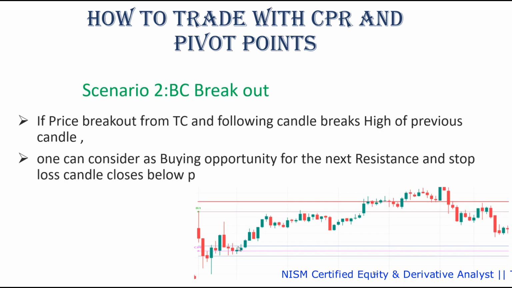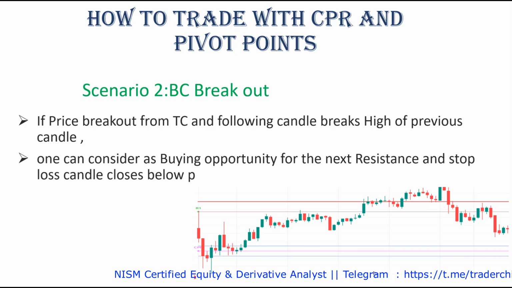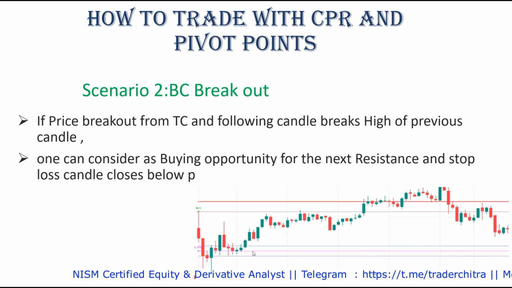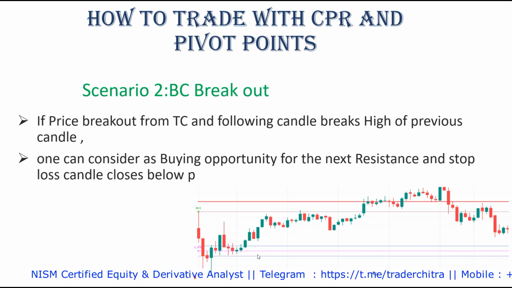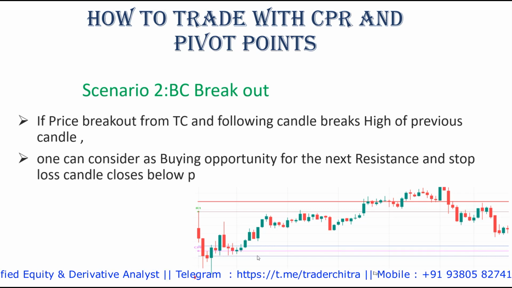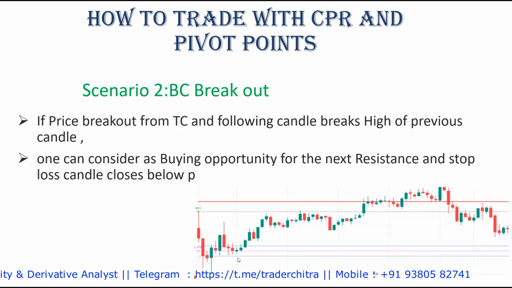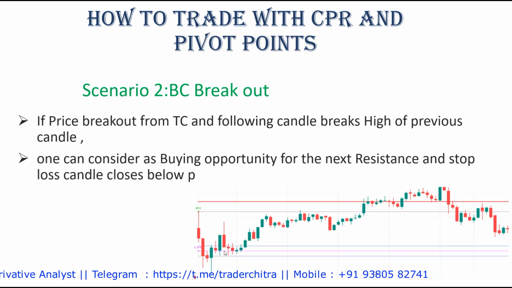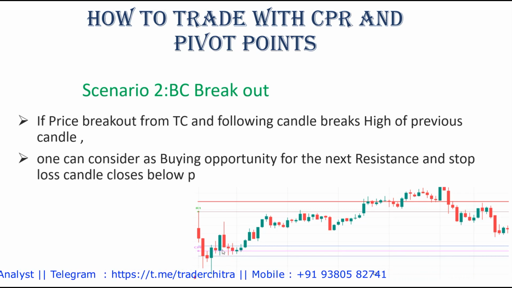Okay. So what is scenario number 2? BC breakout. If the price breaks out from TC and the following candle breaks the high of the previous candle. Here the pink line is the pivot, the blue line is the TC, and the bottom line is the bottom central level, that is the BC. Here we got the breakout, and this green candle is above the TC level.